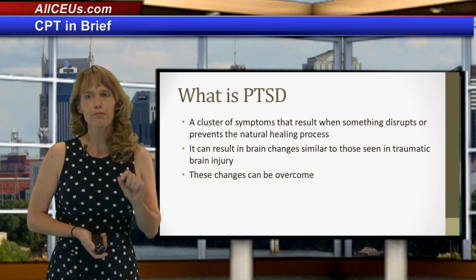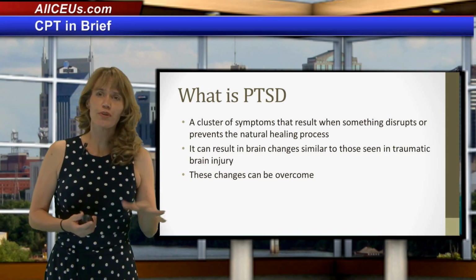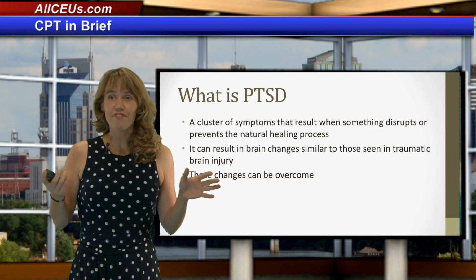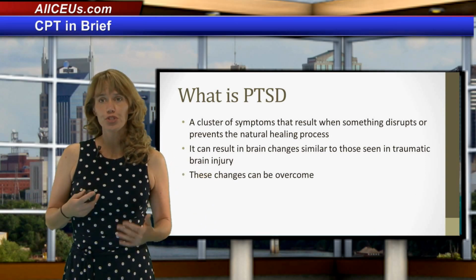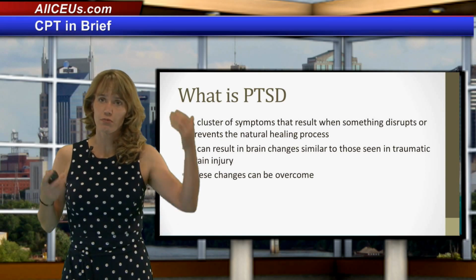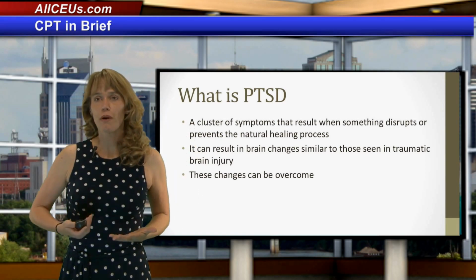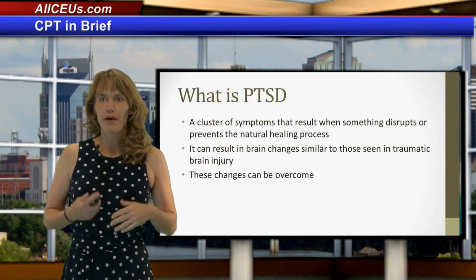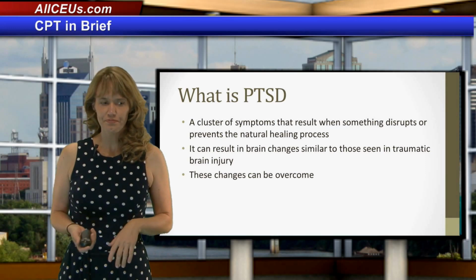It can result in brain changes similar to those seen in traumatic brain injury. So when they've done PET scans, they've found that people with significant PTSD often do show some brain changes, especially in what we call the prefrontal cortex, or the area up here that's responsible for behavioral inhibition and impulse control and those sorts of things.